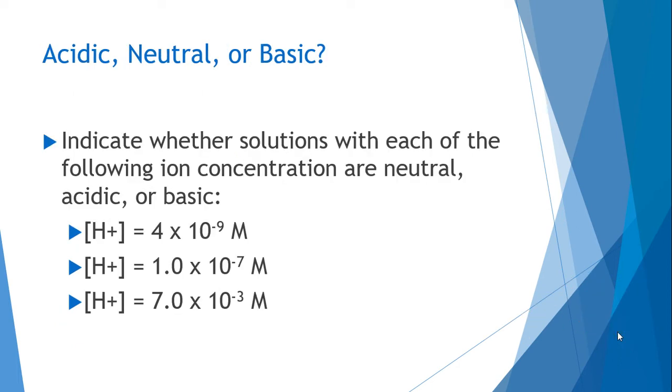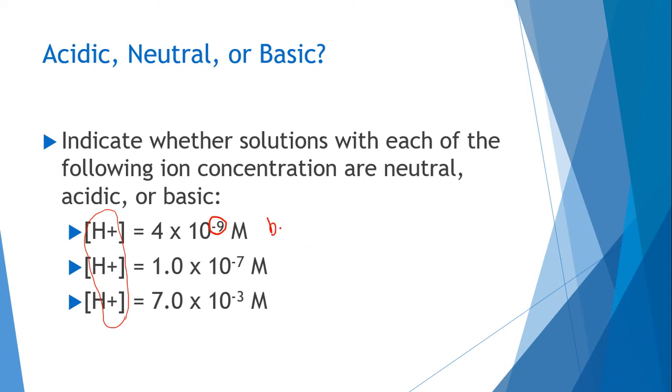So here, if we look at these, we need to be able to see that these are all H plus concentrations. We need to look at their molarities and say, are they neutral, acidic, or basic? So here we get the first one, and we're mainly focused on the exponent. So here is my exponent, and it's a -9. You're going to notice that this is less than -7.